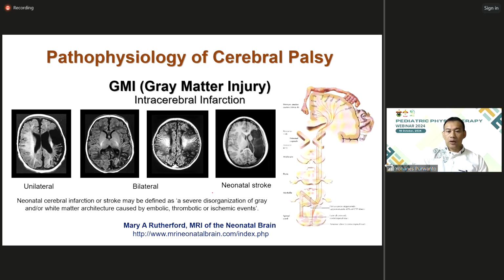Another case is neonatal stroke, which also makes a form of cerebral palsy depending on the lesion. Sometimes it becomes CP spastic diplegia, sometimes CP spastic quadriplegia. For example, with neonatal stroke here, the pathophysiology becomes CP spastic hemiplegia.